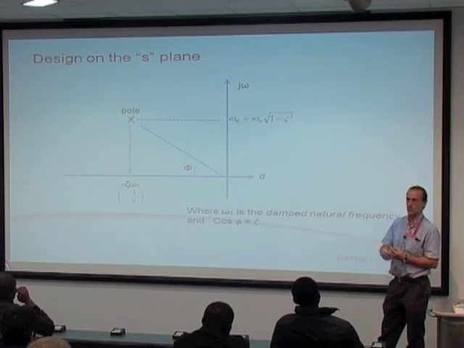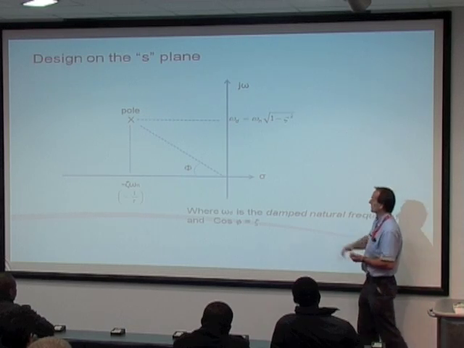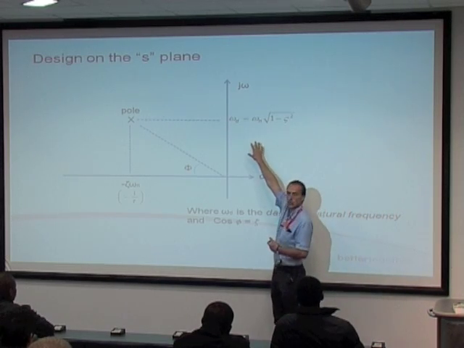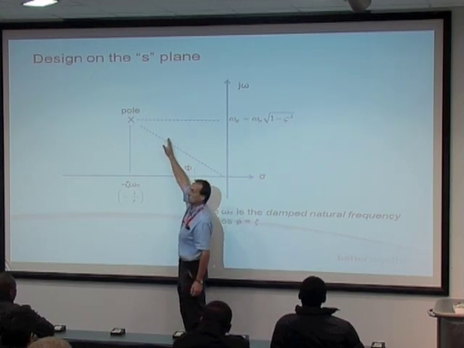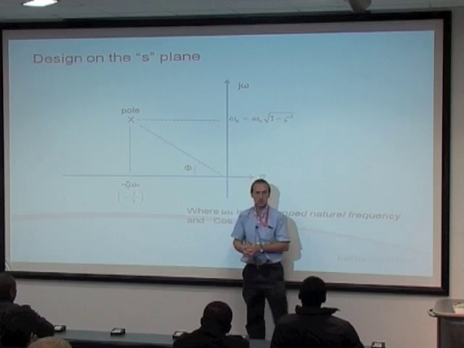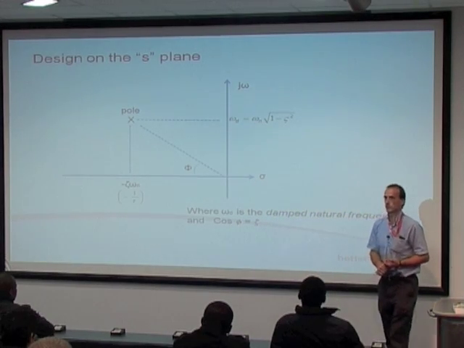Okay, so I've got one design constraint. I might have another design constraint, perhaps linked to the frequency, all linked to the rate of decay. And that will give me another construction line, and where the two lines meet is where I want to put my poles to give me that performance.